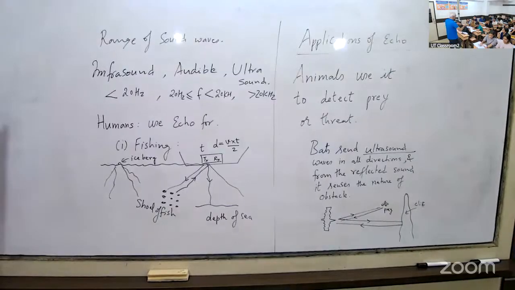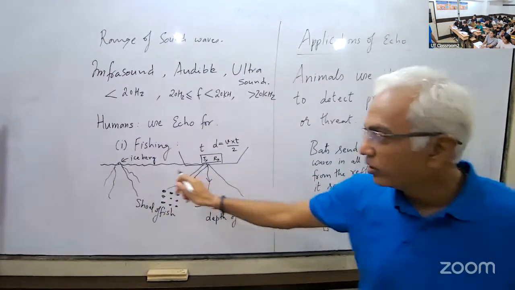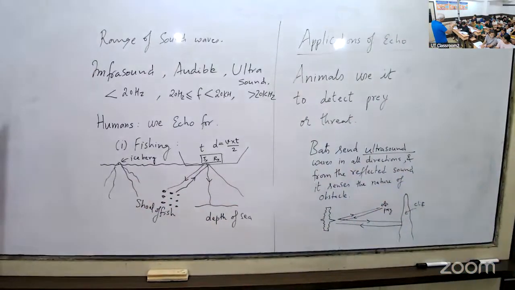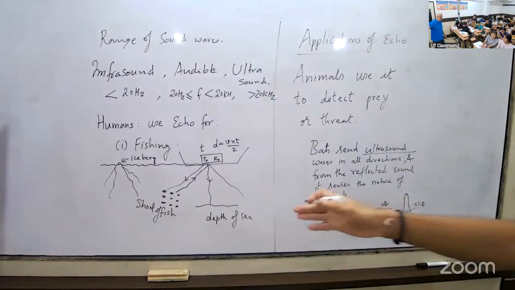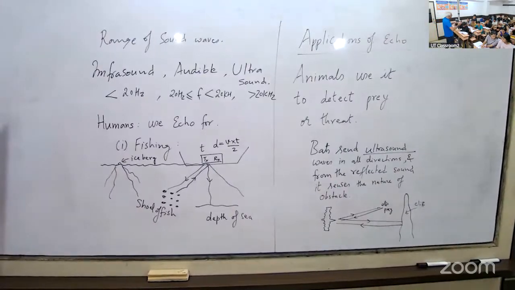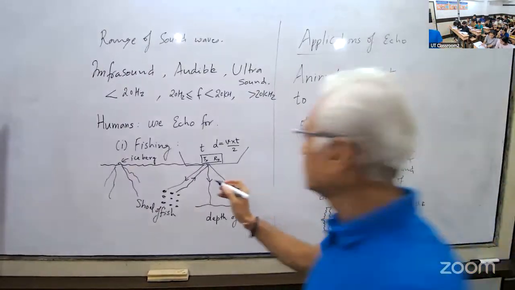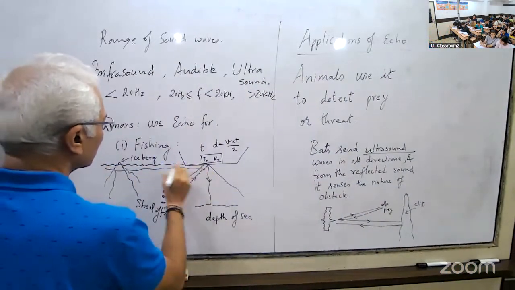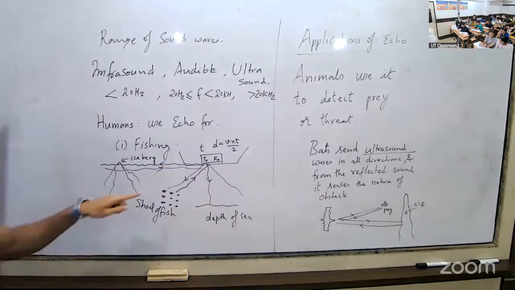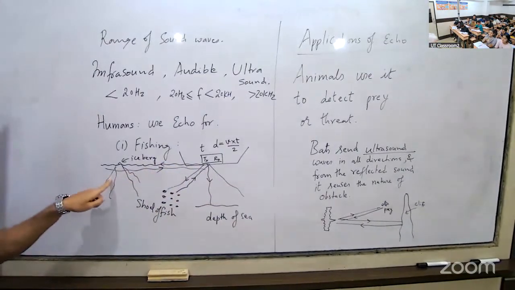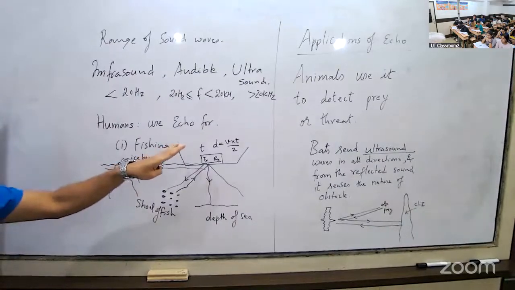That's how the Titanic accident took place. So with the echo, you will actually come to know whether the obstacle is everywhere or only in this portion. So you'll then change the direction and navigate safely. Is that clear? So by the reflected wave, you will know whether it is a threat or it is safe to sail.